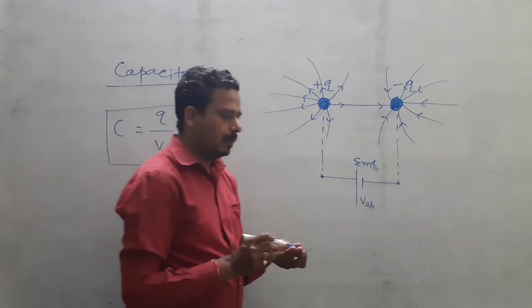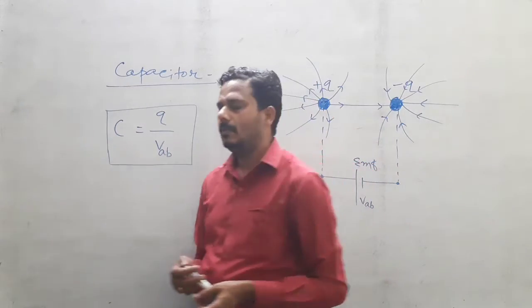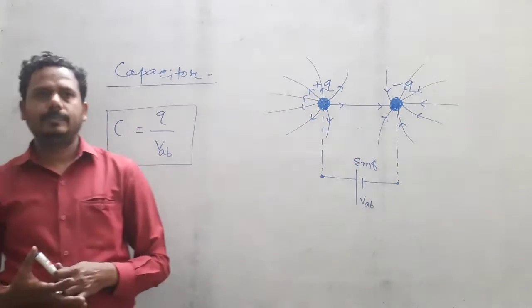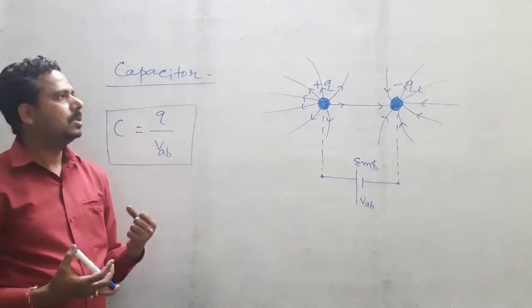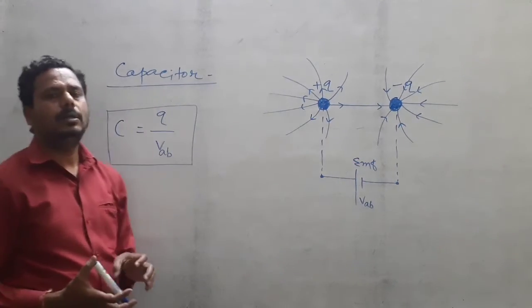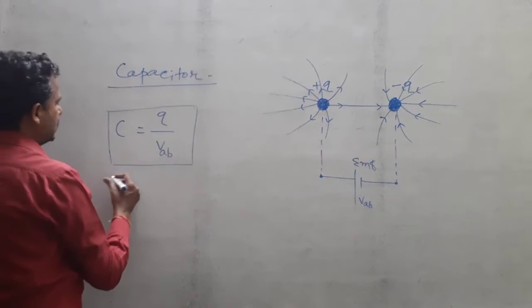So basically what it does is, the conductors store electrical energy in an electric field in the form of charge. That's why it is called a device. Why is it called a device?